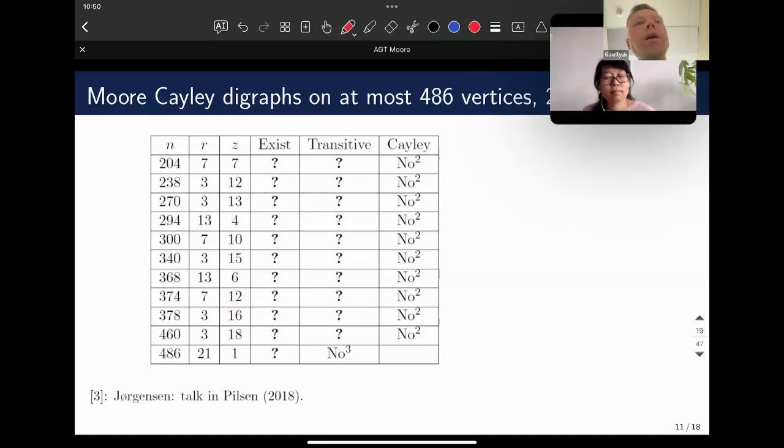And moreover, if such a Moore digraph is vertex transitive, then the corresponding strongly regular graph would also be vertex transitive. This strongly regular graph is not known, so it's an open case, but it was shown earlier that this graph cannot be vertex transitive. So this implies that, in particular, the corresponding Moore digraph also cannot be vertex transitive.